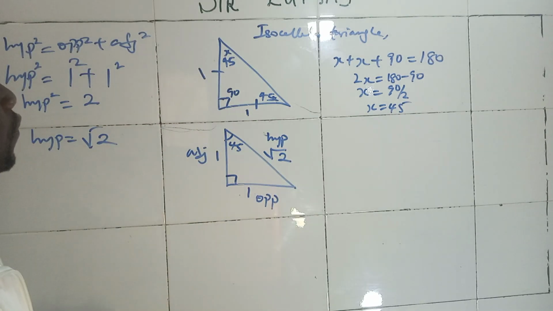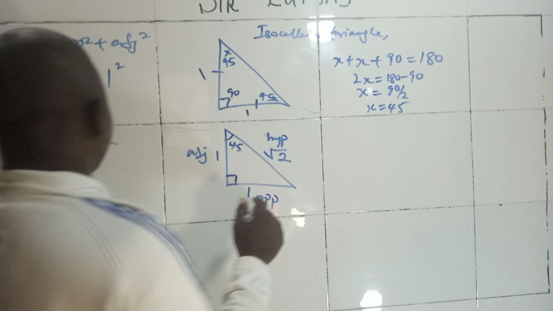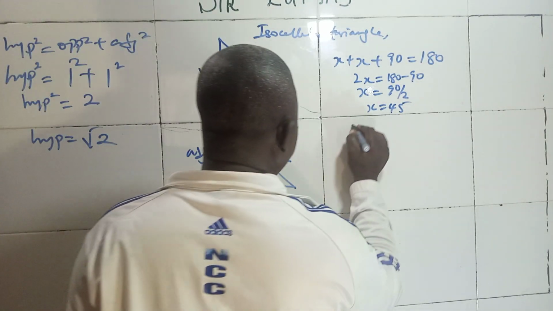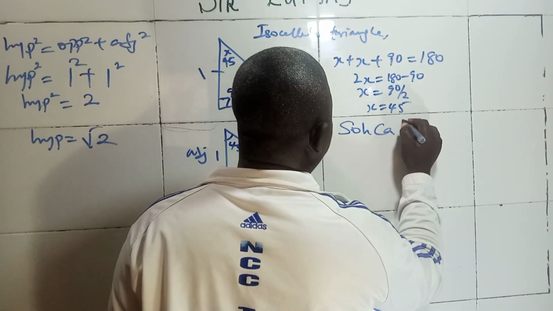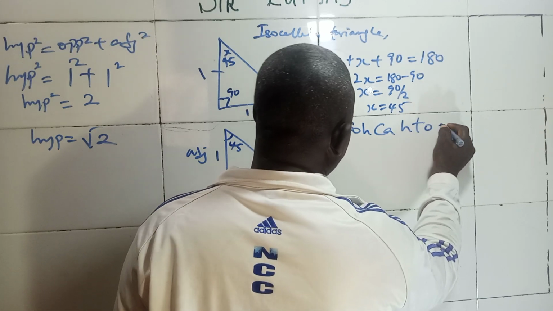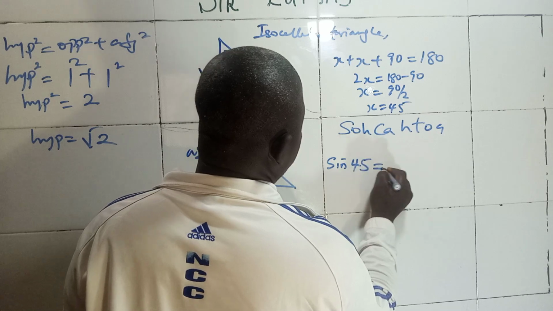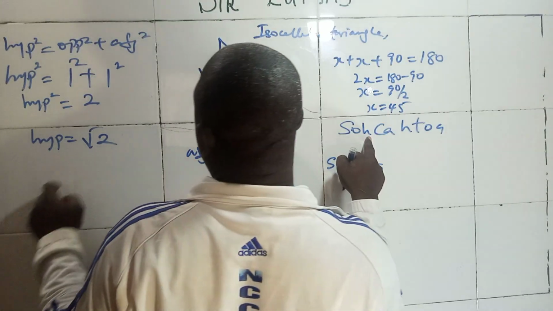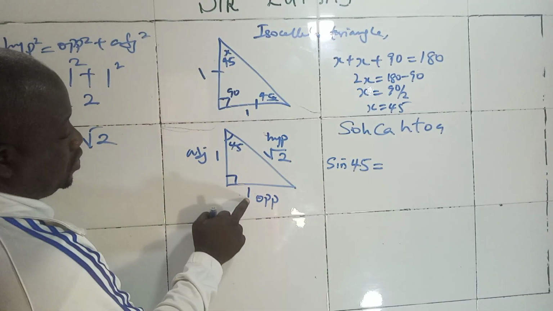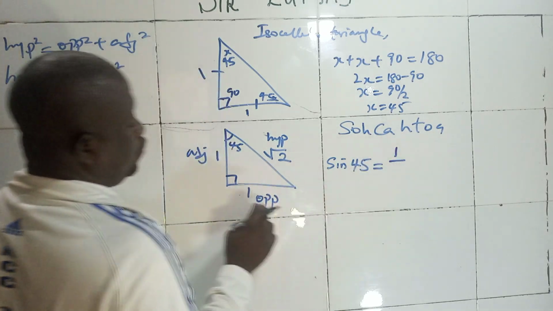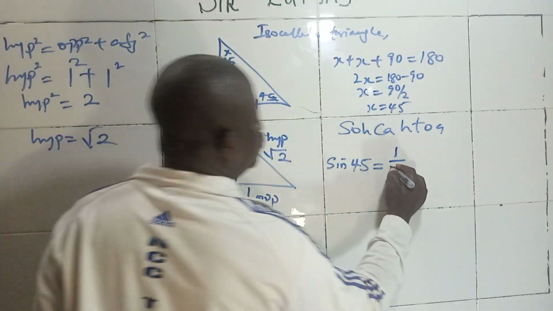To solve for sine of this from SOHCAHTOA, sine 45 will be equal to opposite over hypotenuse. Our opposite is 1, and the hypotenuse is root 2.